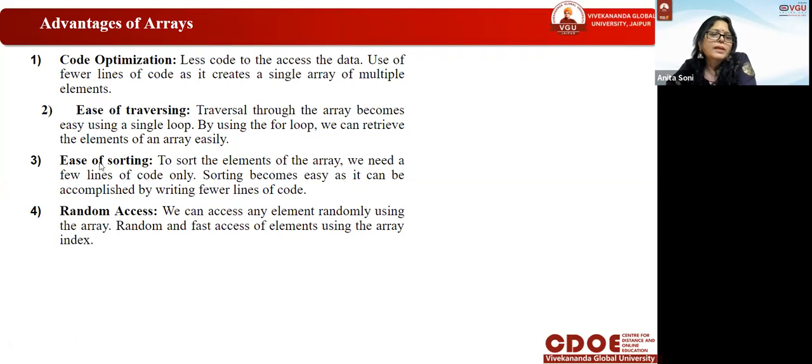So by using an array, you can use searching and sorting algorithms, and you can access records. You can access the elements of an array randomly also, anytime, anywhere. Like first 0, then 4, then 2, then 1, then 0. So this is called random access.